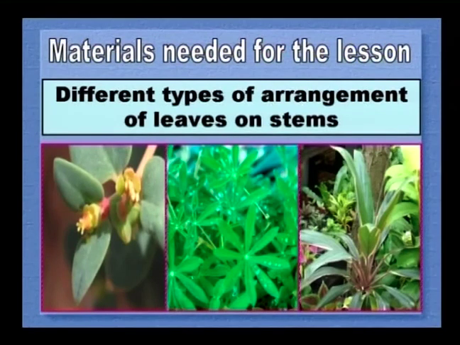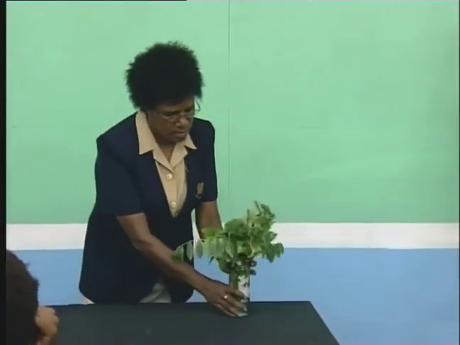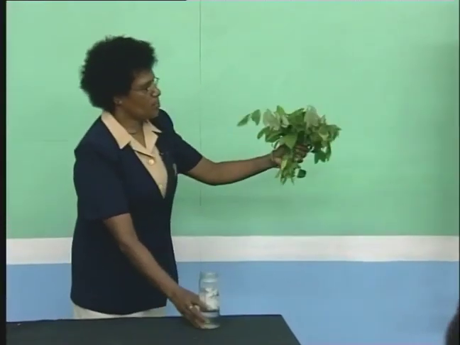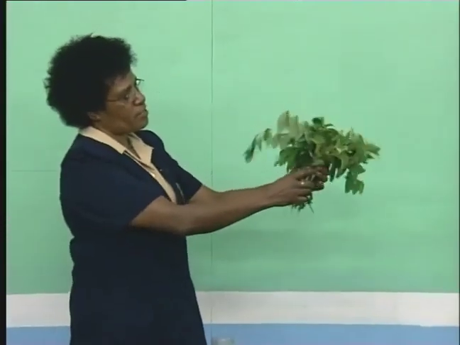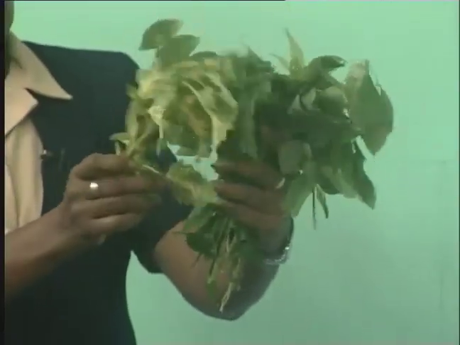Now, let's see, I have some samples. So these are all my stems of leaves. I've got a couple of them, and you were supposed to come with stems of leaves. Okay, that's an example. The stem is still there, and you have the leaves on the stem.